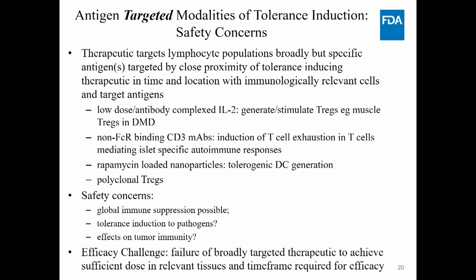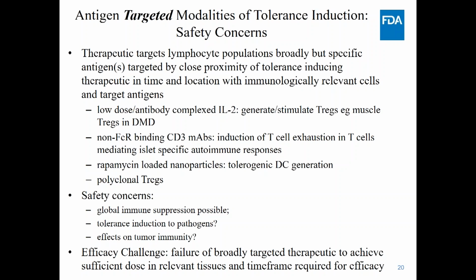So what about antigen-targeted modalities? In this scenario, the therapeutic targets lymphocyte populations broadly, but specific antigens are targeted by the close proximity of the tolerance-inducing therapeutic in time and location with both immunologically relevant cells as well as the target antigens.